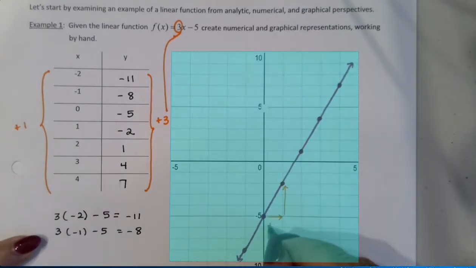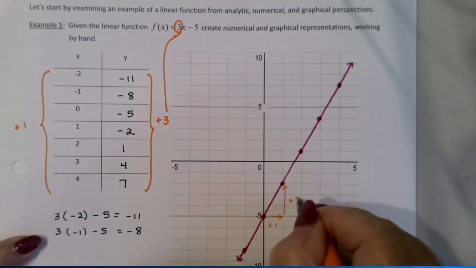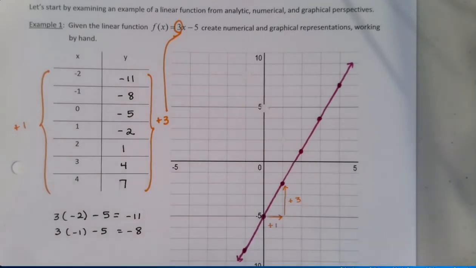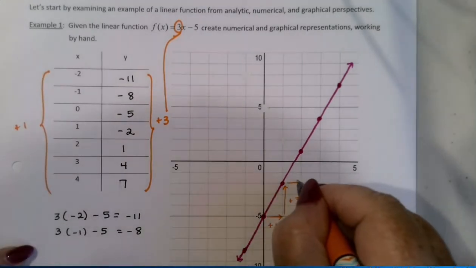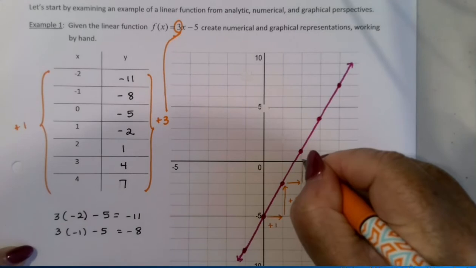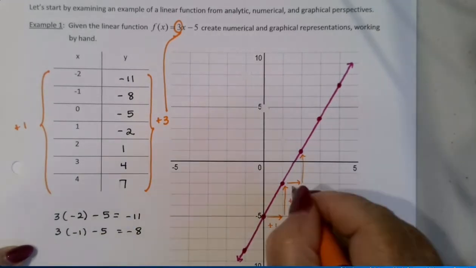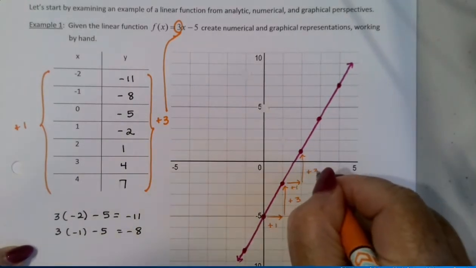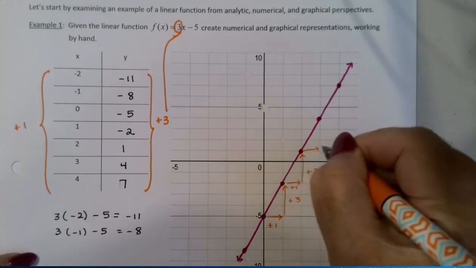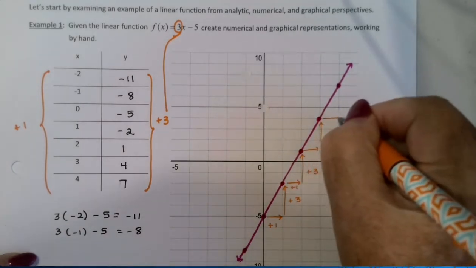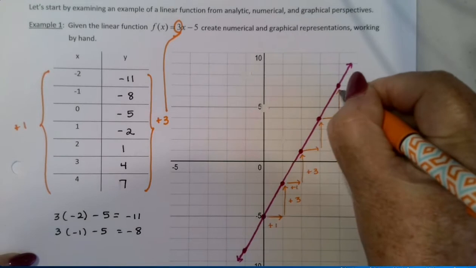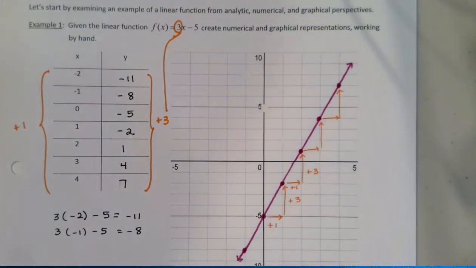Well, if x goes up by 1, y goes up by 1, 2, 3. And I see that over and over again. x goes up by 1, y goes up by 3. And you can see it all the way through this graph. That fact is actually what creates that linear shape, that constant rate of change.